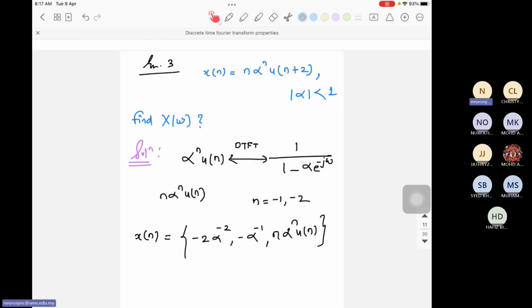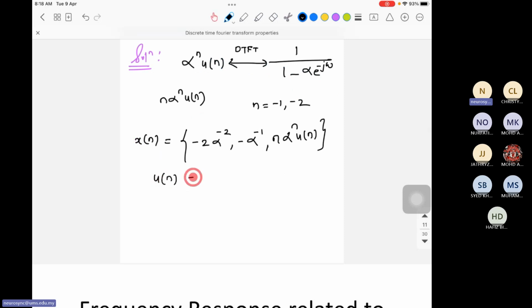The u of n is nothing but the step signal. So u of n starts with n equal to 0. You will have magnitude 1 for n greater than or equal to 0, and 0 otherwise.